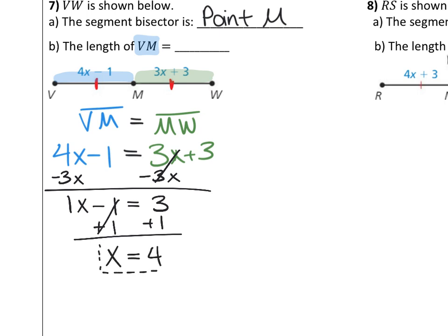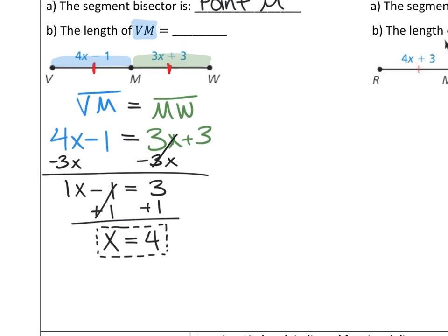Huzzah, we're done, right? No, because what's the actual question? I know I went a little fast, so you're still all writing. Once you get it written down, read back the question on part B. What is the actual question here? VM. Well, VM is the blue stuff.